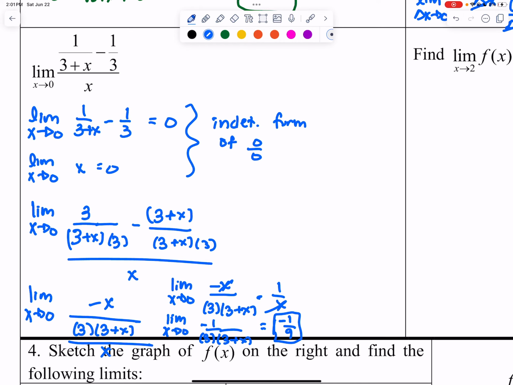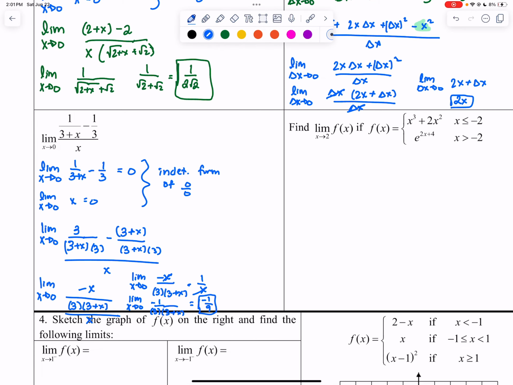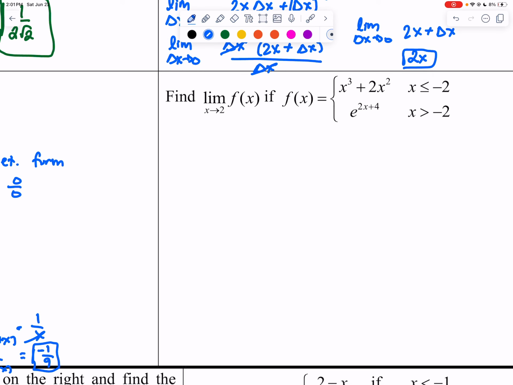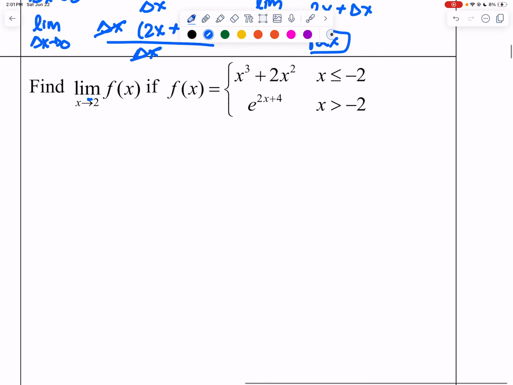So most of these functions were irregular functions. They weren't piecewise functions. Now here, I gotta change that to be a -2. Oops. Now here, we have a piecewise function.